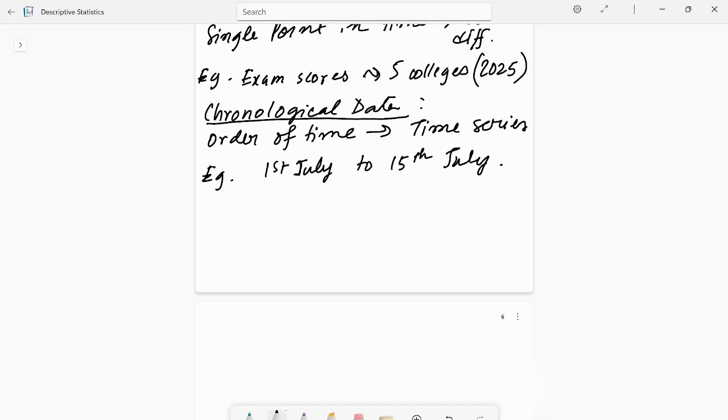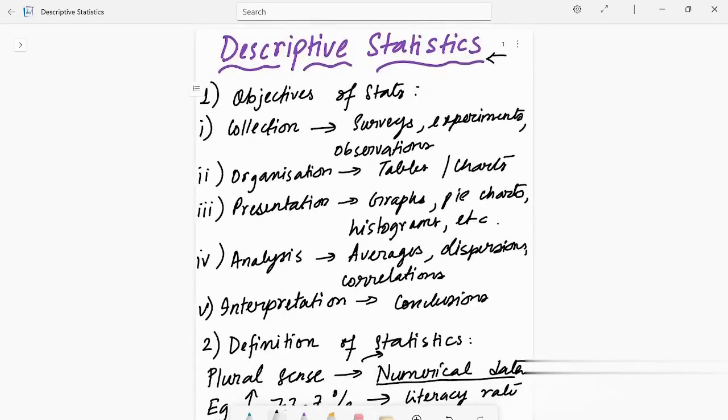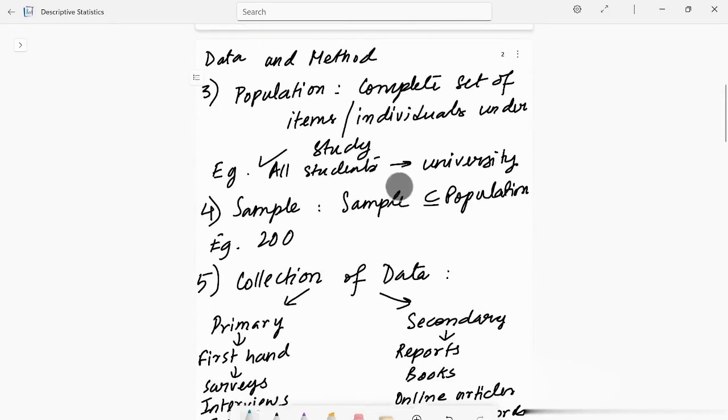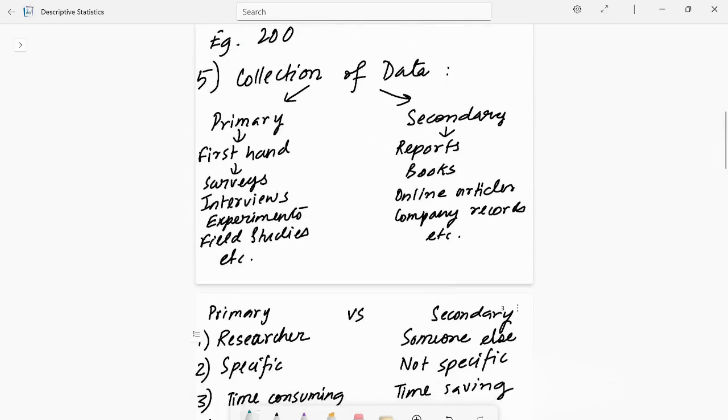No. Now let's recap a bit from what we have learned all along. First, we understood the objectives of statistics. It helps to collect, organize, analyze, and interpret data. And then we understood population. Population is the whole group, and a sample is a small part of it. Now, what is primary data? It is first-hand data, and secondary data is already available.